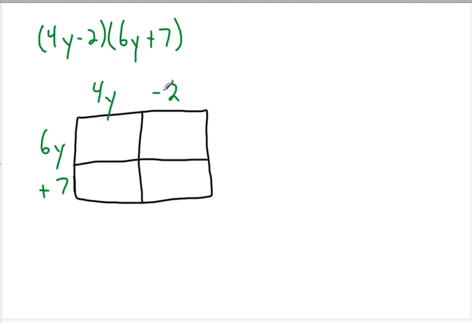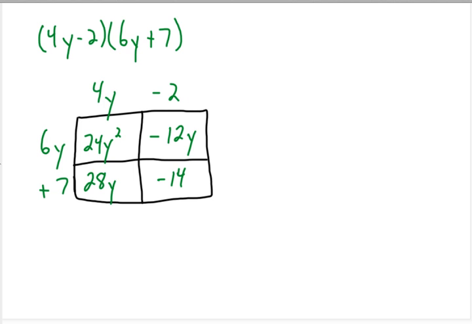So 4y, negative 2, 6y, plus 7. So 6 times 4 is 24, and then y times y would be y squared. Then we have 6y times negative 2 becomes negative 12y. And then the 4y times the 7 is the 28y. And finally, the negative 2 times 7 would be negative 14.